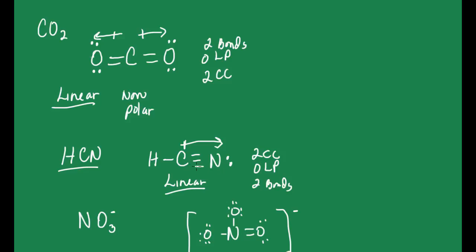And so the electrons are going to spend more time about that nitrogen than the other atoms. So this is linear, and this is a polar molecule. So in general, when you have a linear shape, if the atoms bonded to the central atom are not identical, you will have a polar molecule.